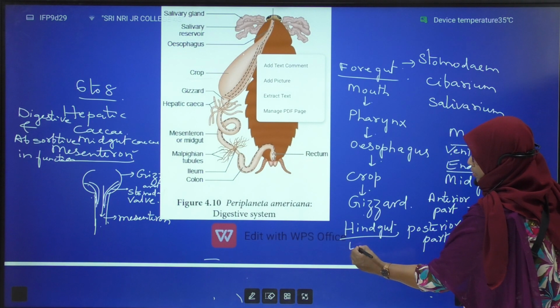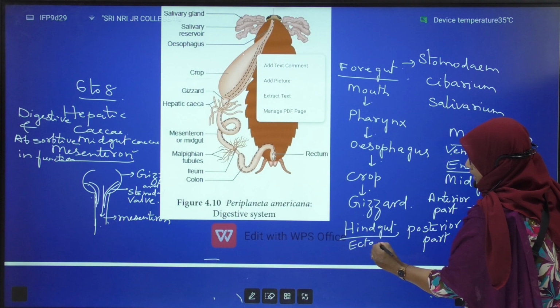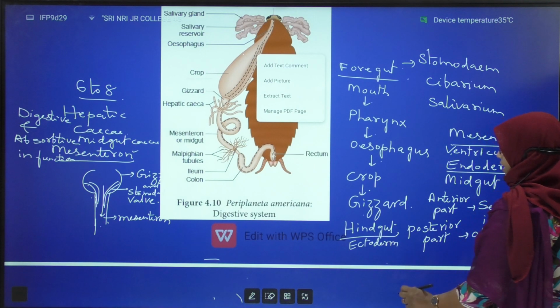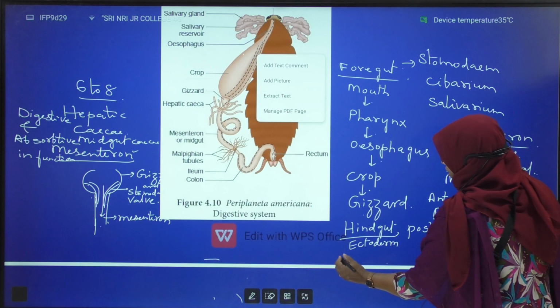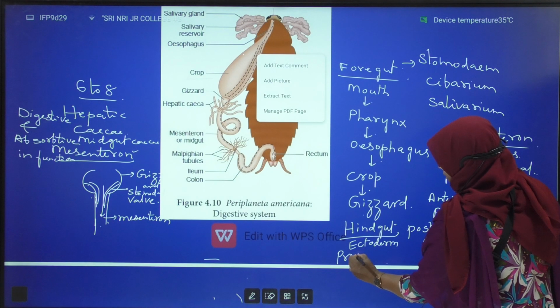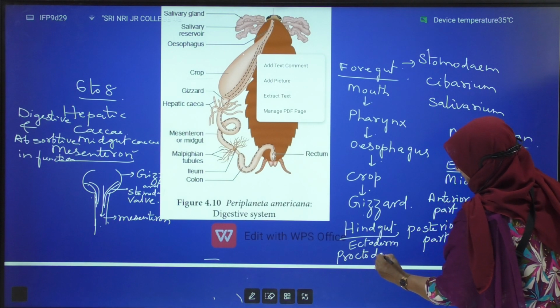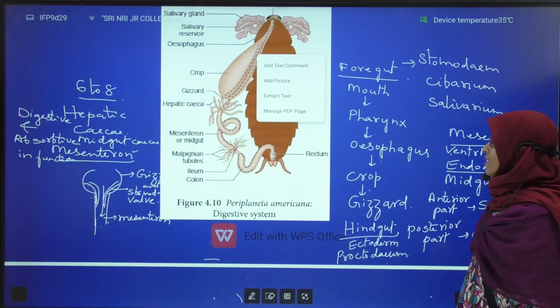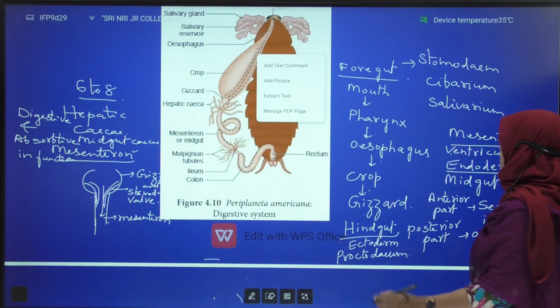It is ectodermal in origin. Internally, it is lined by cuticular lining. Hindgut is otherwise called proctodeum. Hindgut is divided into three parts, that is ileum, colon and rectum.